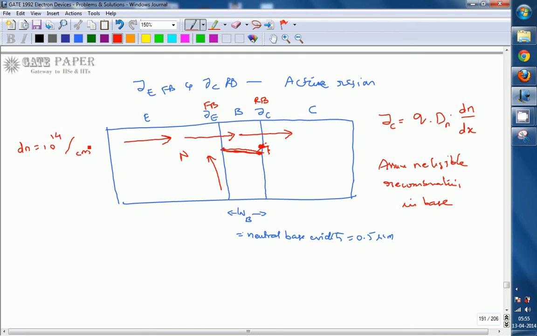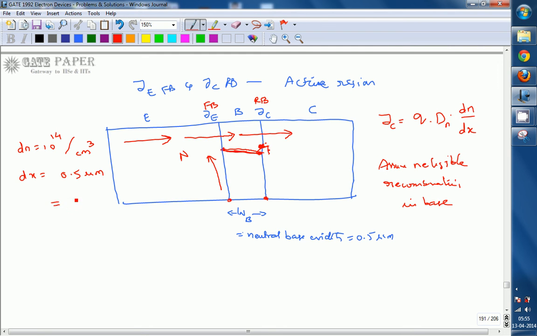These are the charge carriers coming from the emitter to the collector side. And dx is the difference between these two points in the base, which is the neutral base width, 0.5 micrometer.